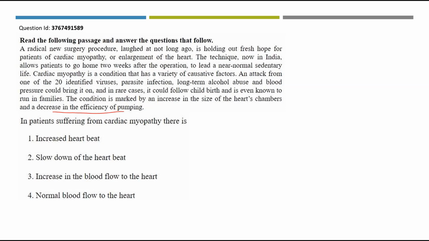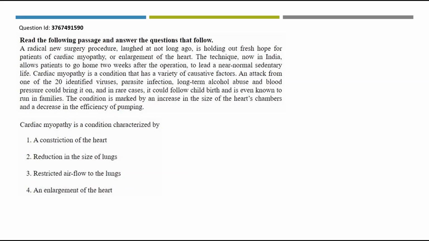When the heart does not pump efficiently, there cannot even be normal blood flow to the heart. When there is no way for normal blood flow, definitely there cannot be any increase in the blood flow. So option 3 and option 4 can be ruled out. They say there is a decrease in the efficiency of pumping. So what does this decrease lead to? It will lead to the slowdown of the heartbeat.